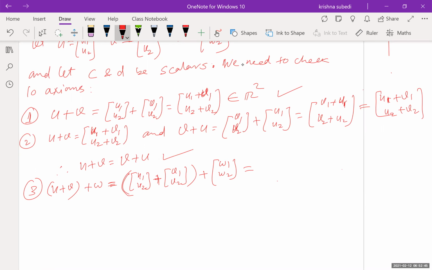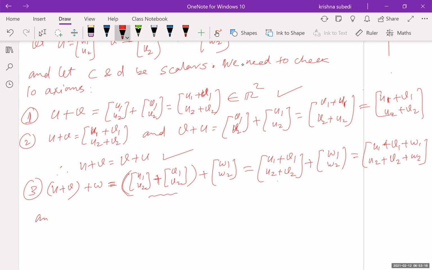Recall from your elementary school. So we have to complete this side first. So you're going to get u1 plus v1, u2 plus v2, plus w1, w2, which can be written as u1 plus v1 plus w1, u2 plus v2 plus w2.